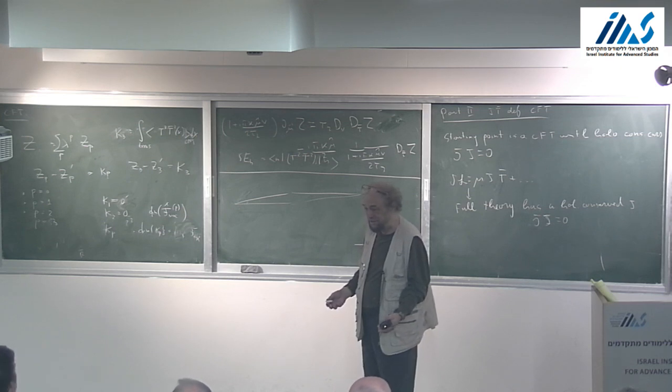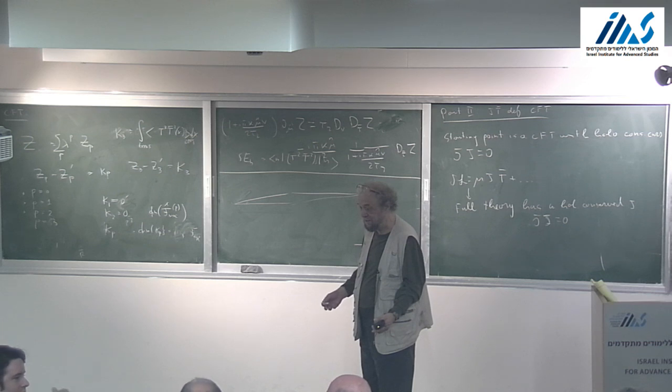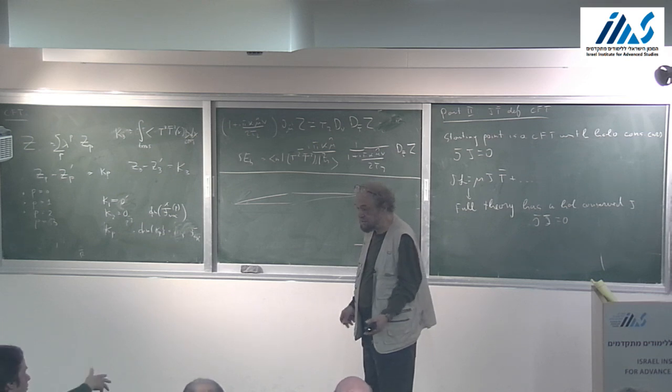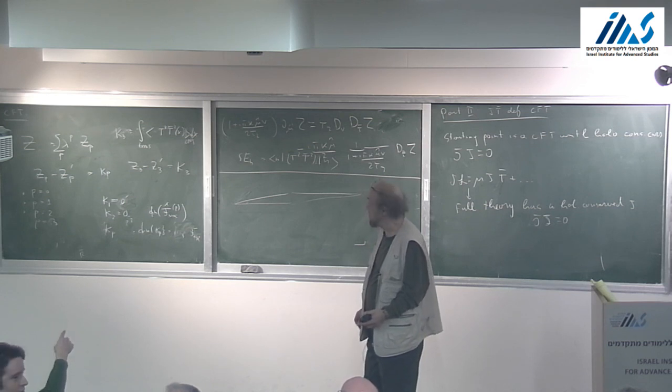Naively, when you do the deformation of the action, you can add TT bar, but you can also add TT bar squared. Exactly, that's what I'm saying. But then there's a power of little t in front.